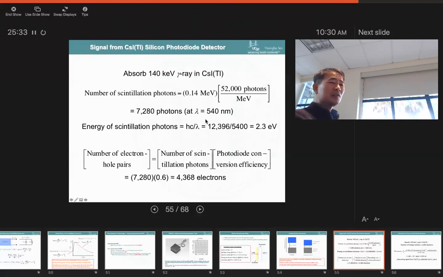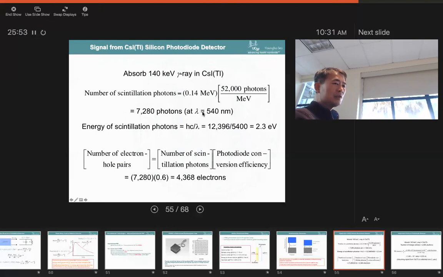You can convert your frequency to be the speed of light over the wavelength. Either way, if you know the frequency of the scintillation photon coming out of cesium iodide, you can just use h times frequency, which is what we are calculating.